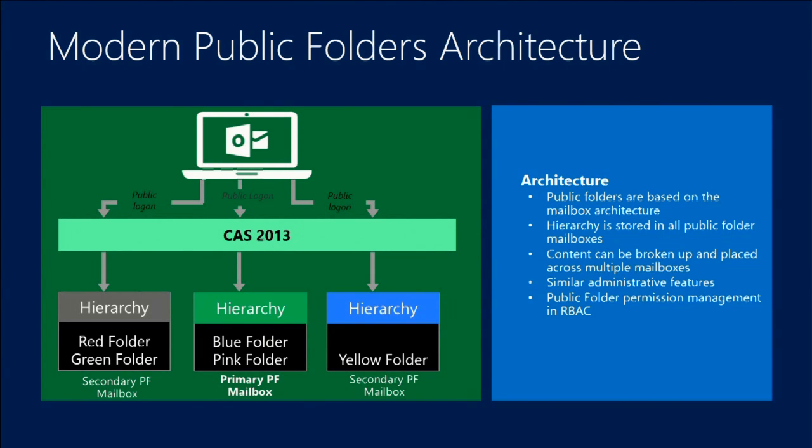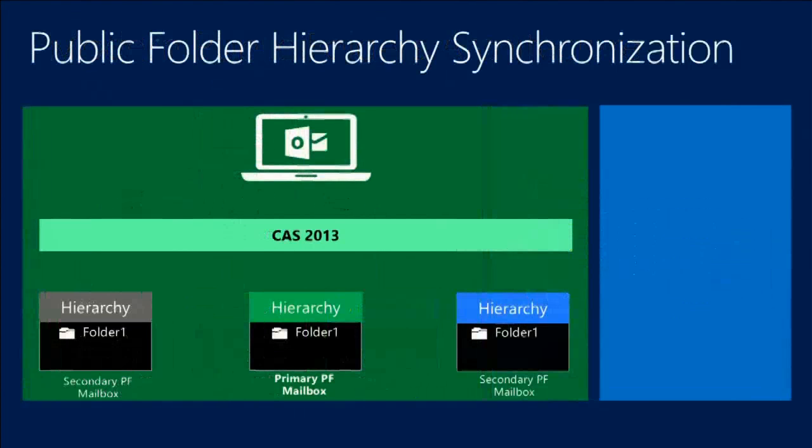So it's by folder. The red folder and green folder go in that public folder mailbox, and the yellow folder, for example, is in this public folder mailbox. The content is located there. The hierarchy is shared. As I said, similar administrative features, and the permissions are in RBAC.